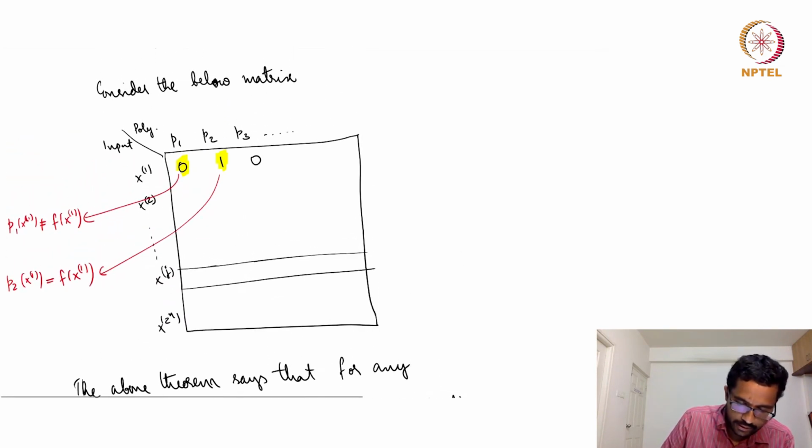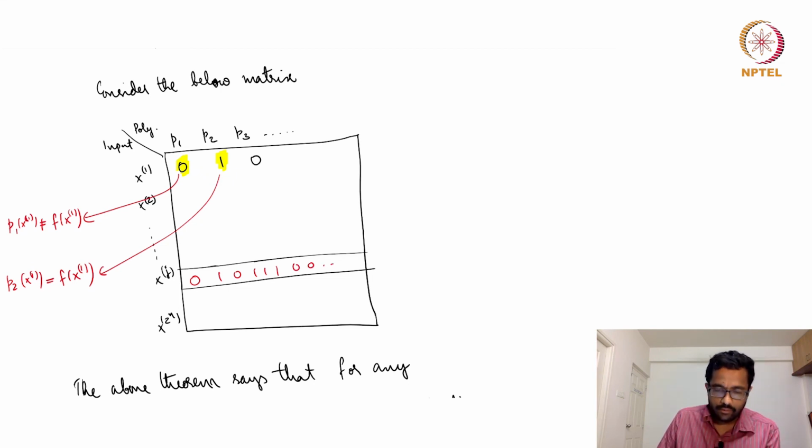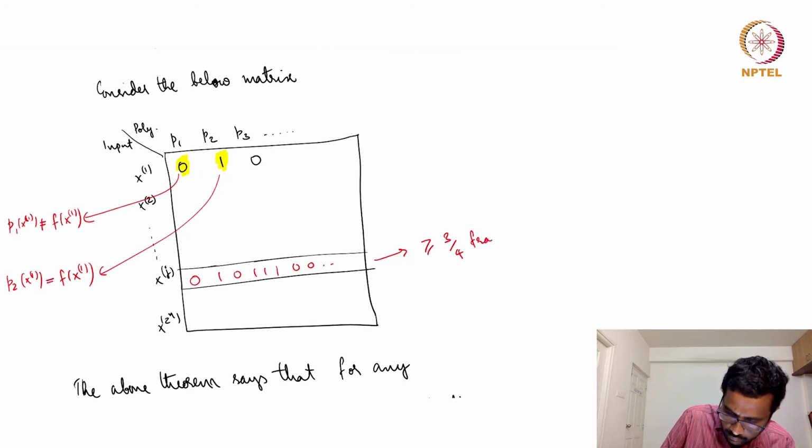Which means that you fix an input, say xj, it may have some 0s, some 1s, like 0, 1, 0, 0, 1, 1. When does it have a 0? It has a 0 when the polynomial does not agree with the function, and 1 when the polynomial agrees. We know that once you fix the input, the probability that the polynomial agrees is at least 3/4. So this row contains at least a 3/4 fraction of ones.